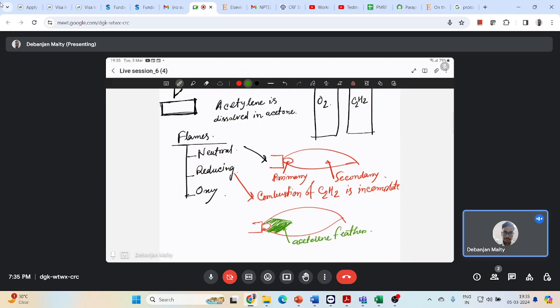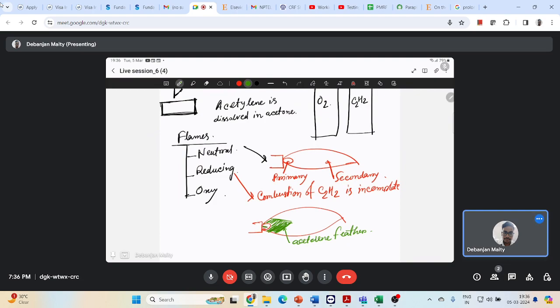And then you have the oxidizing flame. Oxidizing flame is used when you have an excess amount of oxygen, right? So the flame becomes oxidizing because of the presence of unconsumed oxygen. So how can you characterize this oxidizing flame? You'll have a short white inner core. My inner cone will be very short in nature.